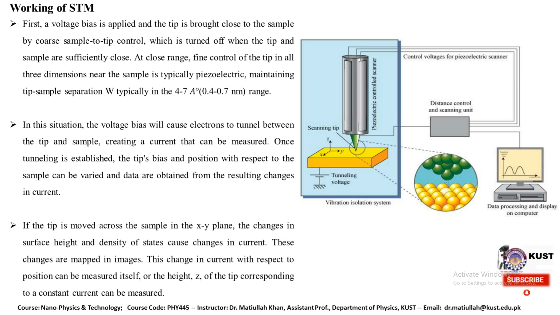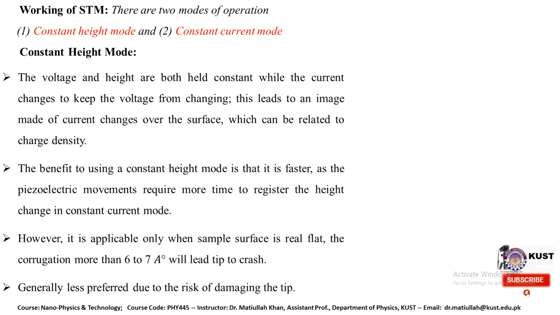So these changes are mapped and converted into images. This change in current with respect to the position can be measured, that is in the Z direction, the distance between the tip and the sample, which can be easily measured.